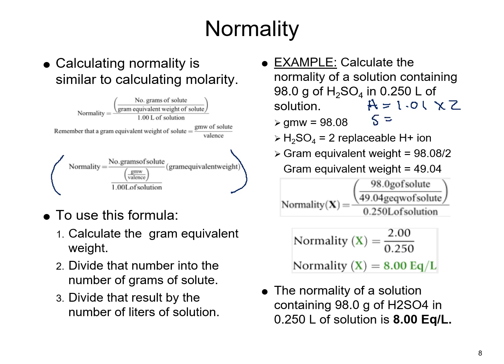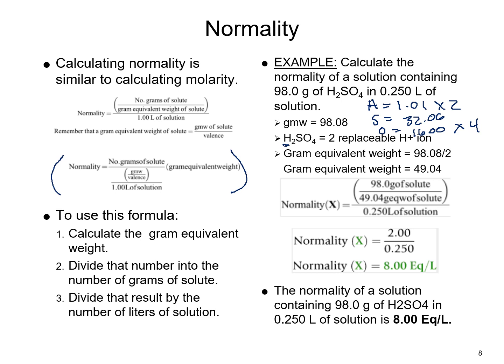Sulfur is 32.06, and oxygen is 16.00 times 4. Once you get that, that's going to give you a total of 98.08 gram molecular weight. And then we have 2 replaceable hydrogen ions.